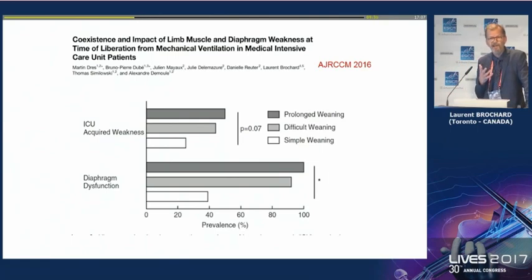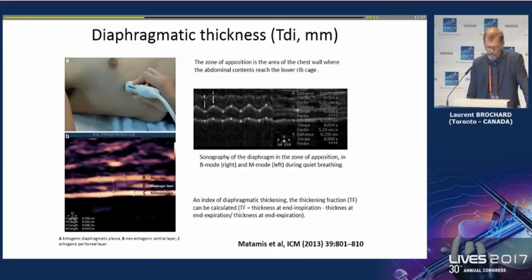So weakness does not mean that patients are unable to breathe, and there will be patients able to be extubated. But if they have diaphragm weakness plus some infection, plus some fluid overload, plus anything else, they will have a very difficult time to cope with these problems. So clearly, it's very relevant for clinical practice and outcome.